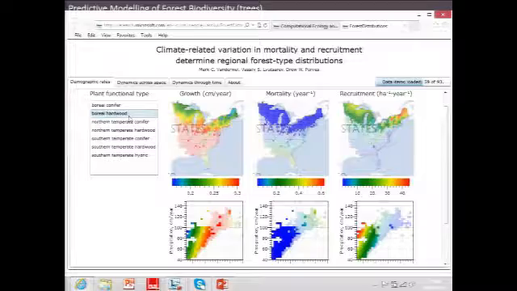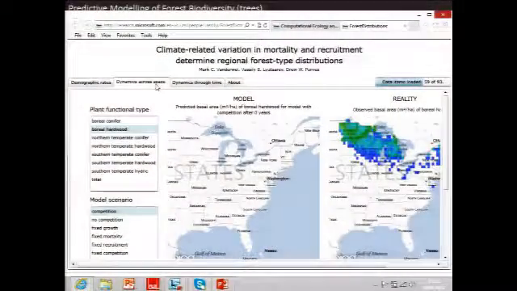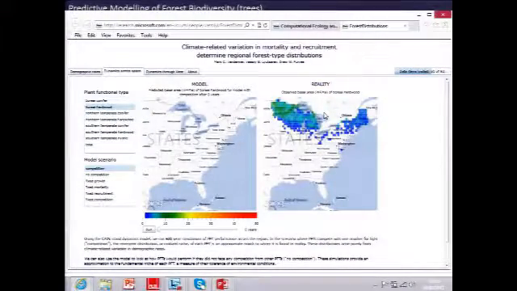And then what happens is we can then do simulations where we spread all of the trees equally and at low density and very small all over the whole country and let them fight it out. And we see what happens. And on the right-hand side here, if we look at northern temperate hardwoods, this is the real pattern of northern temperate hardwoods.